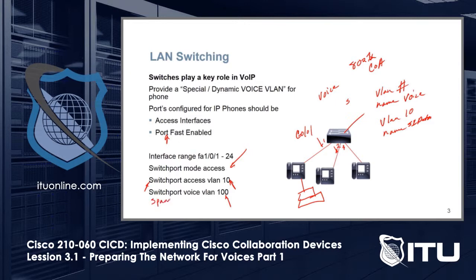And that's just span, and you could do span portfast and that would work. And because it's an access mode interface, that command would work just fine. And then we don't have to wait for spanning tree to listen and learn on the phone before we bring up the interface for voice. Because if a phone resets or something like that, we want it to re-register and be able to make calls and receive calls as quick as possible.